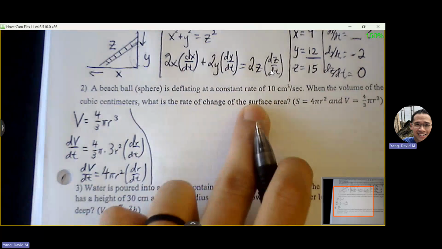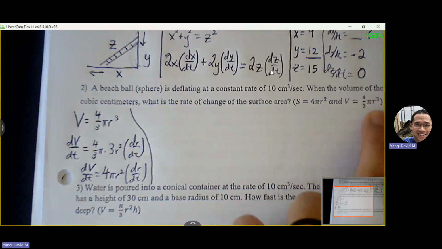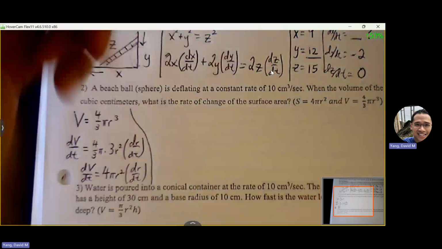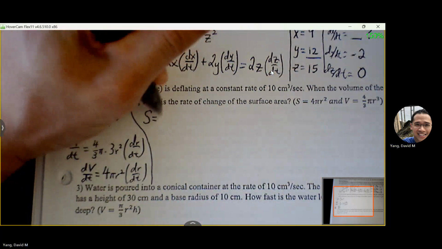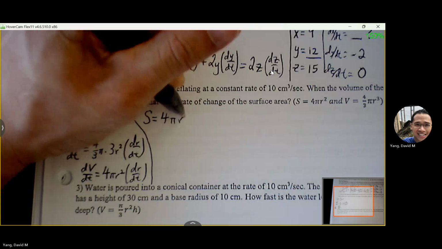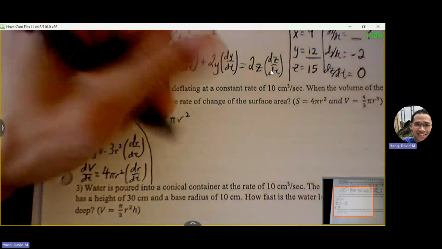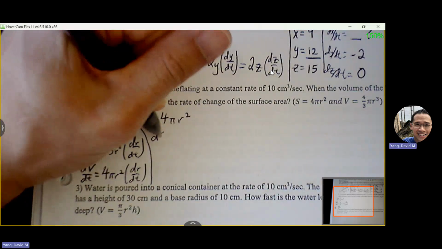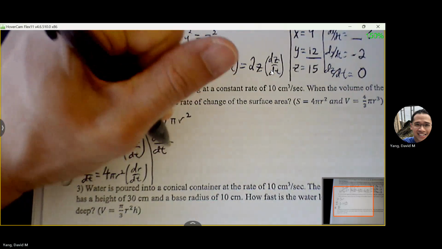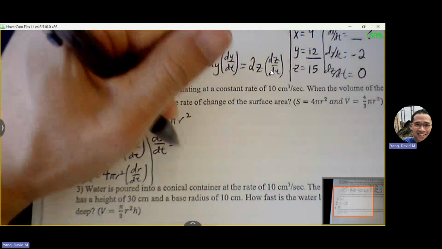What is the rate of change of the surface area? I know ultimately I need to build that ds dt, so let me just get that out of the way. S's derivative is 1, but time is involved, so 1 times ds dt. Then 4 pi r squared. The 4 pi is not going to go anywhere.